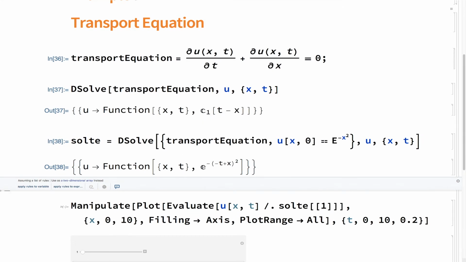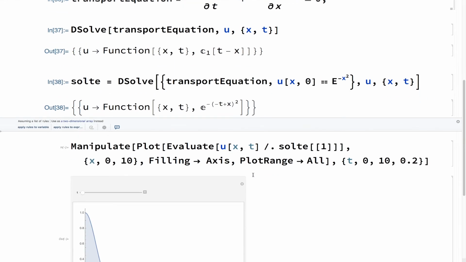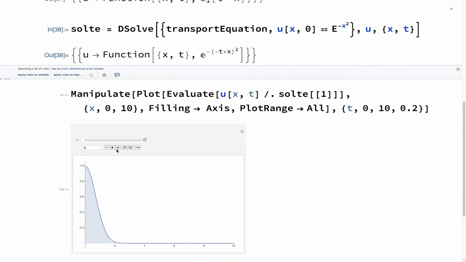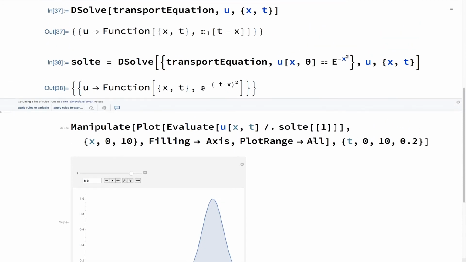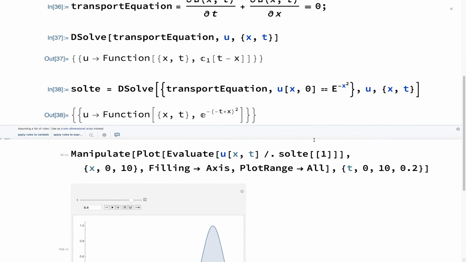And then finally, you can use the Manipulate function, change the values, and if you run it, you can see a wave traveling towards the right. So you can see how you can solve the equation and then verify it and then even have some animation out of that.